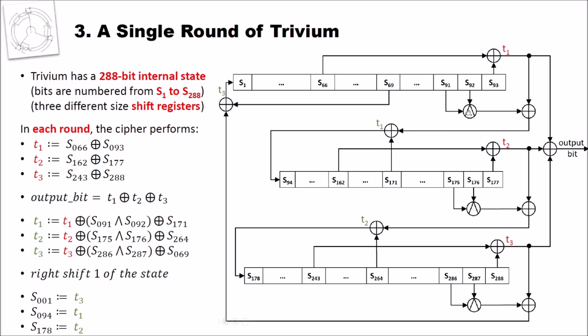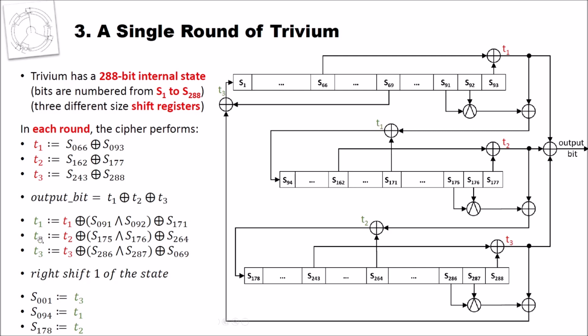The result of these goes into this XOR with the T1. This part, T1 XOR this part. The result then is XORed again with an additional bit of the second shift register, S171. This is this part of the equation. And we get the green T1.